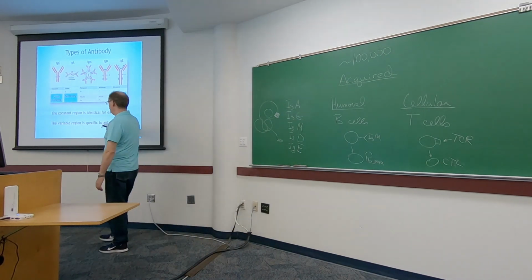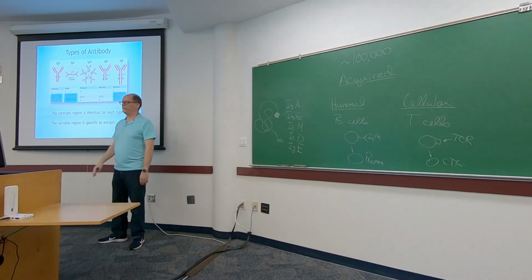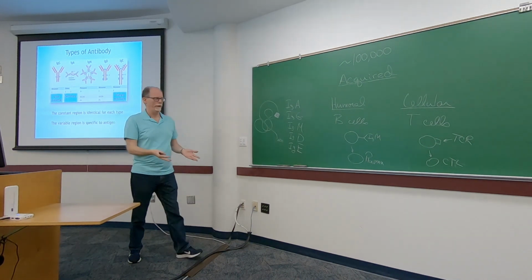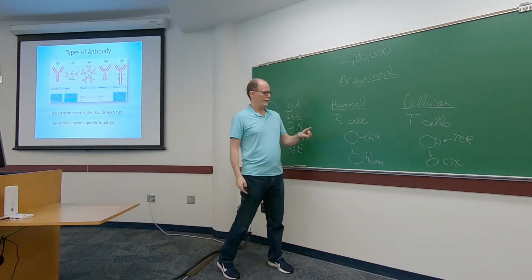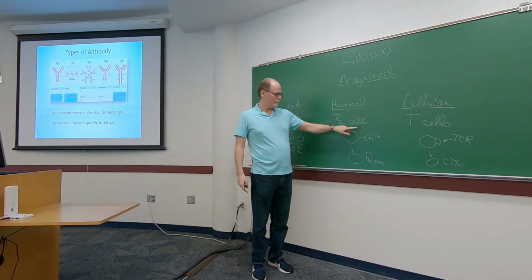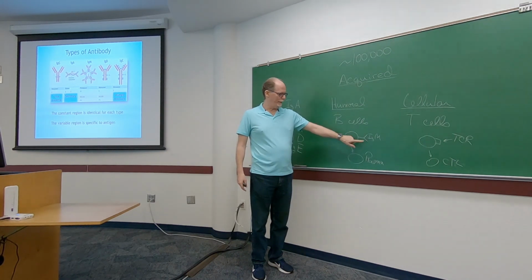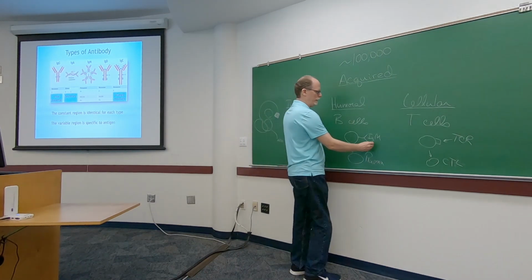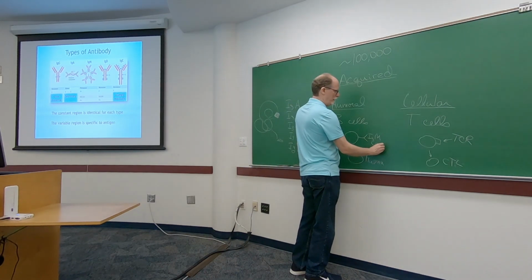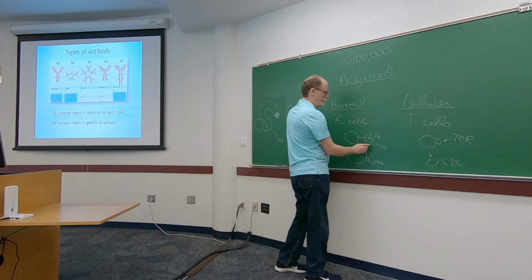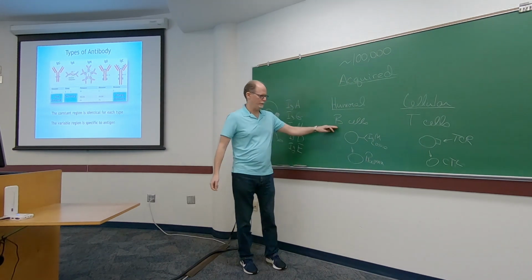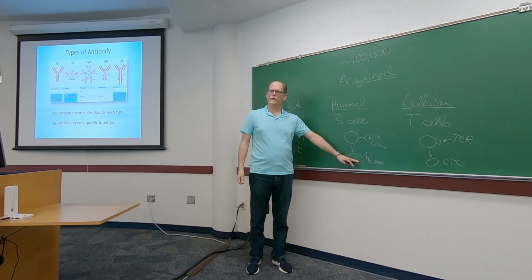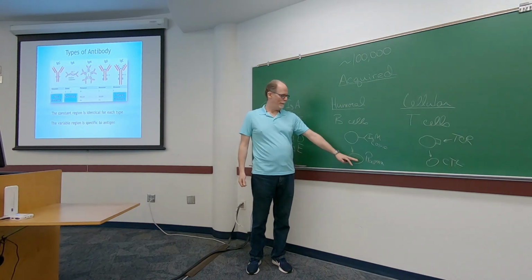Right? The variable region is dictated by whatever the receptor on the B cell bound. Say it binds to COVID-19. COVID-19 comes along and sticks to it and activates this B cell. That generates plasma cells and memory cells.